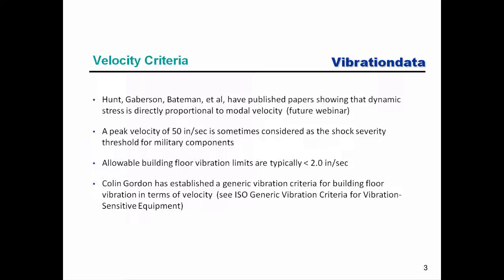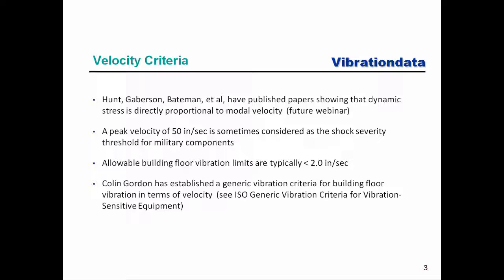So a typical specification that you might come across would say that the allowable building floor vibration limit is somewhere less than 2 inches per second. Then there was another engineer named Colin Gordon who established a series of generic vibration criteria for building floor vibrations in terms of velocity. And this is an ISO type spec, and hopefully we'll cover that in a future webinar as well.